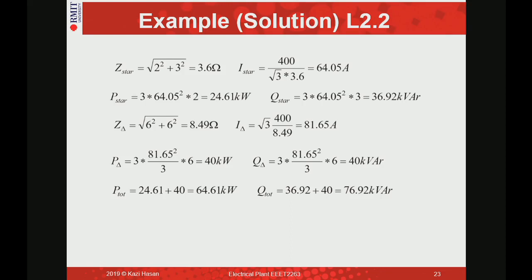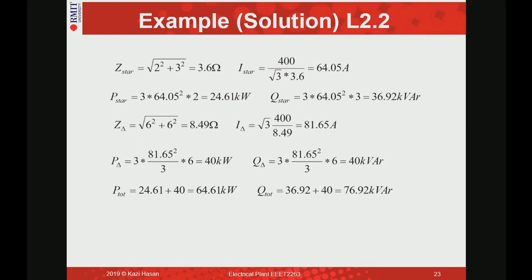Now, what is the total real power? Real power loss in these 2 circuits, because there are 2 circuits, delta and Y. The Y connected circuit consumes 24.61 kilowatt, and then the delta connected circuit consumes 40 kilowatt.